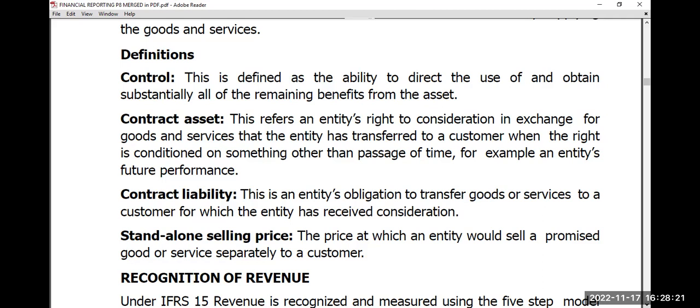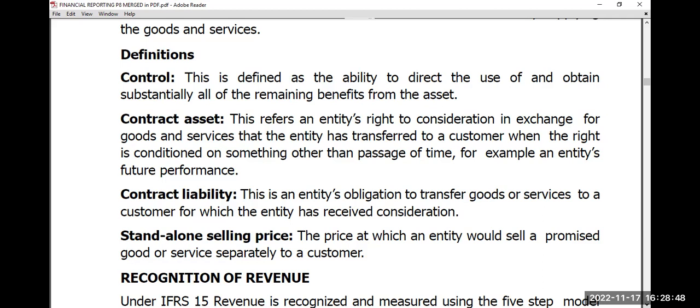What we are trying to look at here is that if the person has delivered certain items to a given customer, the company expects to receive a given amount of money. It doesn't necessarily mean that if you transfer the goods and satisfy the needs of the customer, the customer is supposed to pay you there and then.